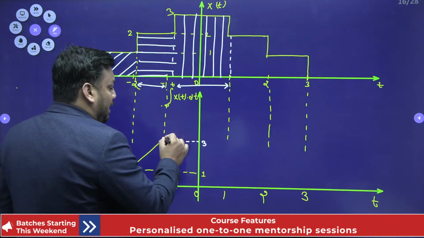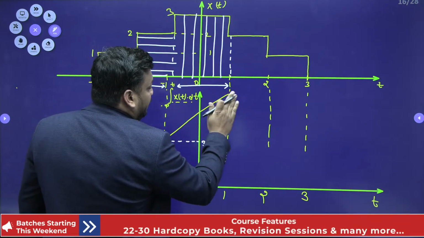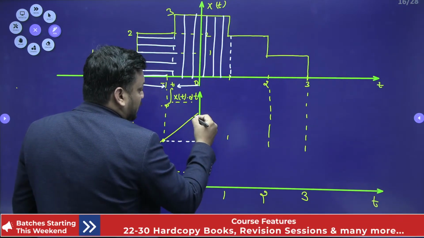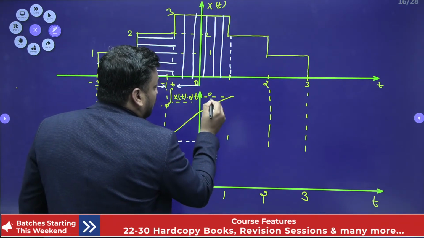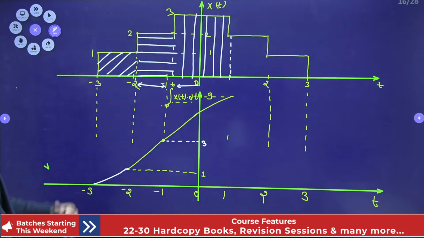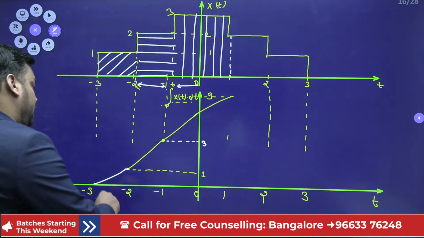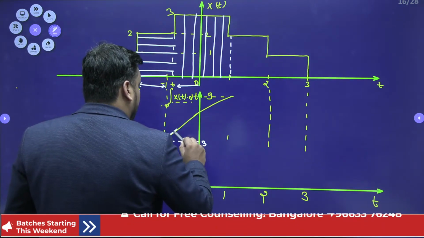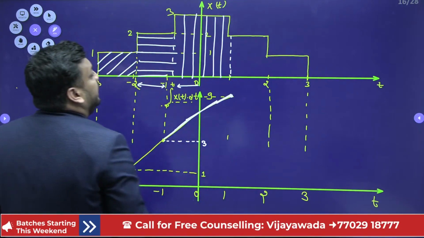When you travel 6 distance, I have less space here, so I am making it like this. You will achieve magnitude 9, because 3 plus 6 is 9. Each and every line has a different slope. So the maximum value is 9.